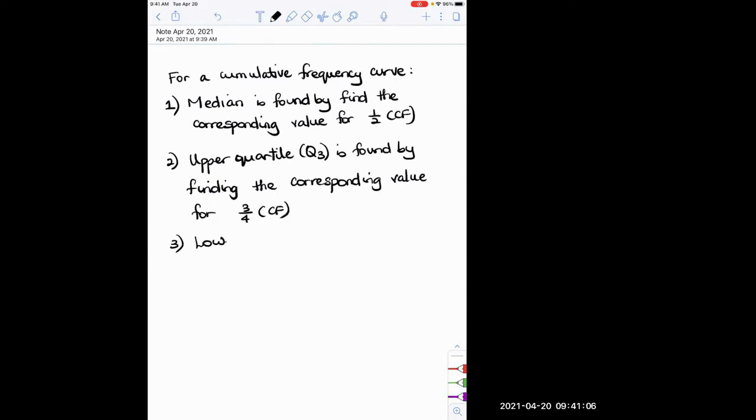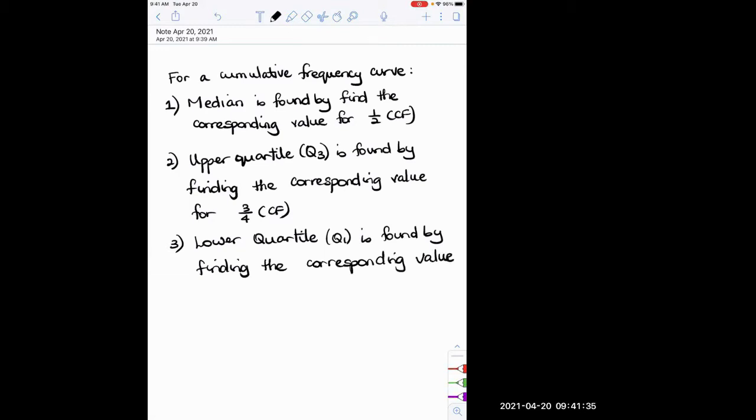The lower quartile is found by finding the corresponding value for 1/4 of the CF.